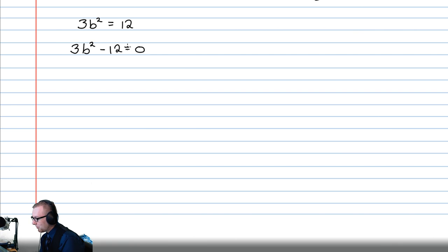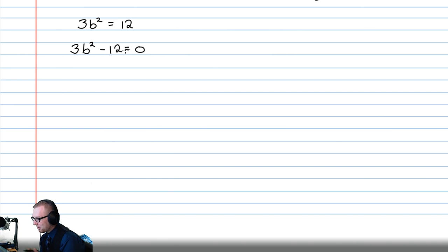Remember how the factors of 9 are 3 and 3? 3 and 3 are factors of 9 because they multiply together to give you 9. So we want to find the numbers that multiply together to give you 3b squared minus 12. Does that make sense? No, but okay.